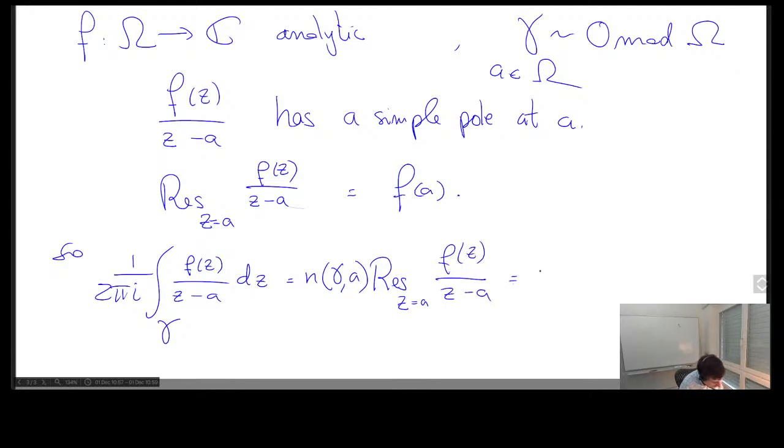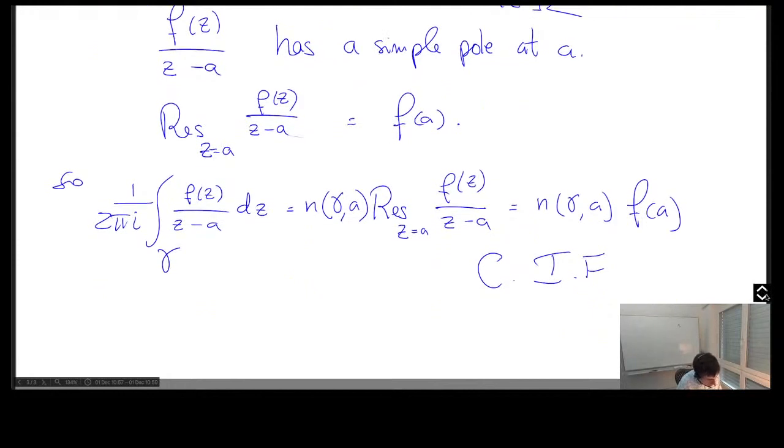But what is this? This is just the winding number times f of a, and this is Cauchy integral formula, right? We just proved Cauchy integral formula, I mean, it came for free, essentially.